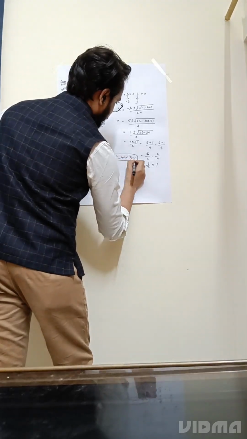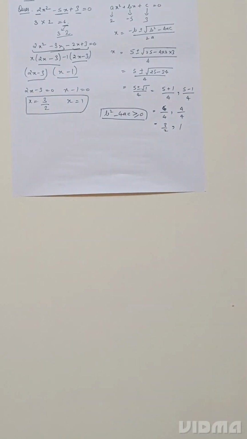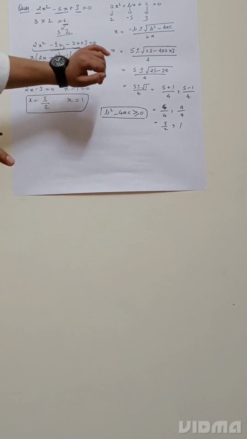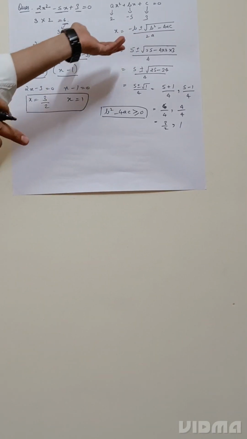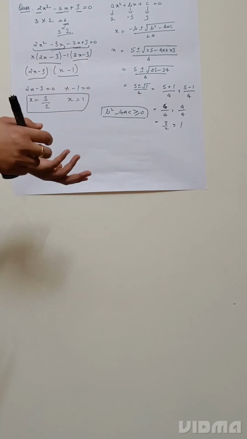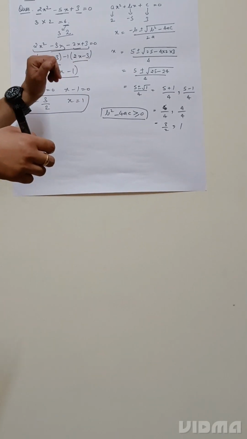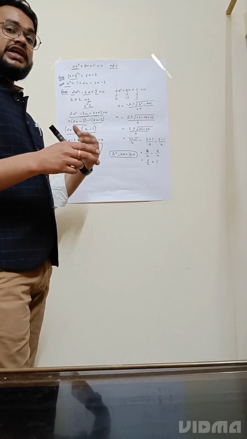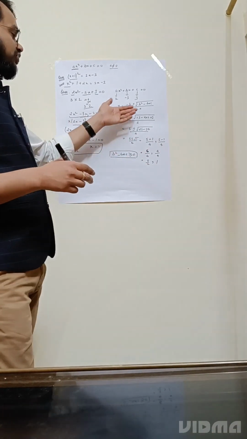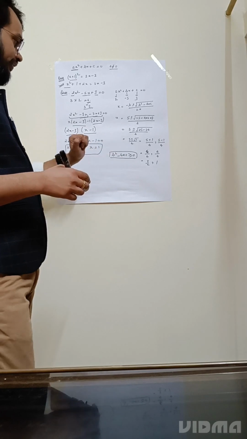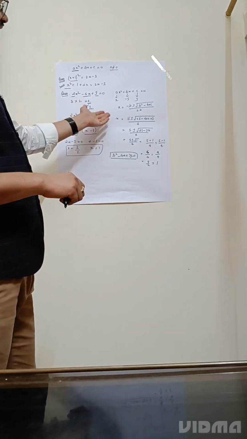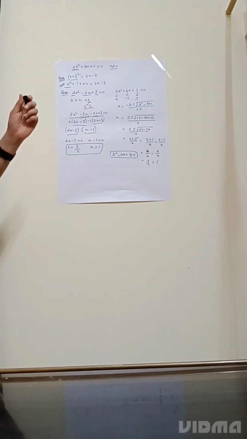Only then will this quadratic formula apply. If b square minus 4ac is less than 0, then the root of a negative quantity cannot exist, so that won't make sense. That case is different, which comes under imaginary roots. So we have to make sure b square minus 4ac is greater than or equal to 0. Then we can apply the quadratic formula and find the roots.